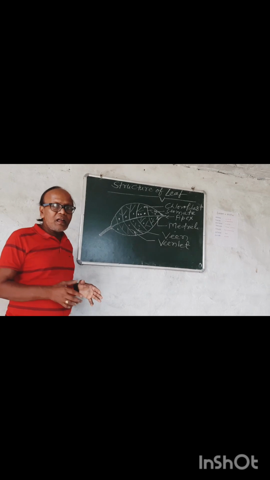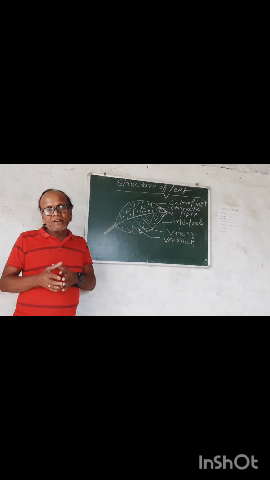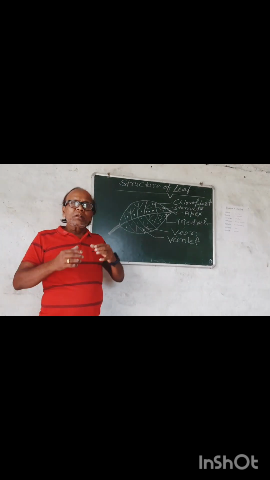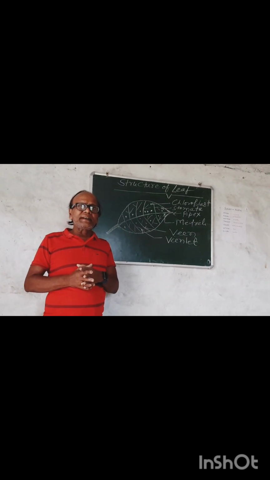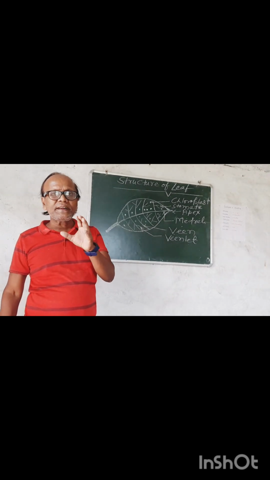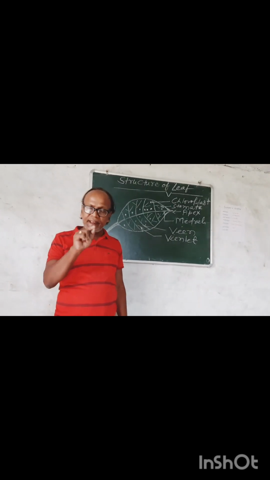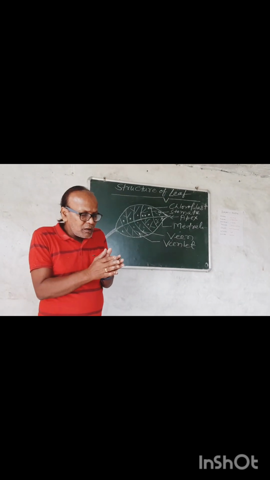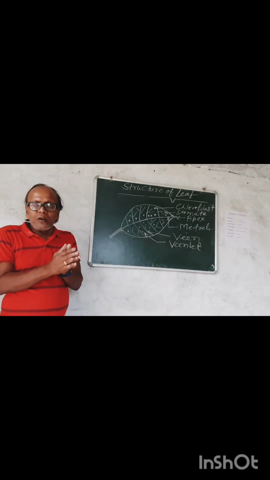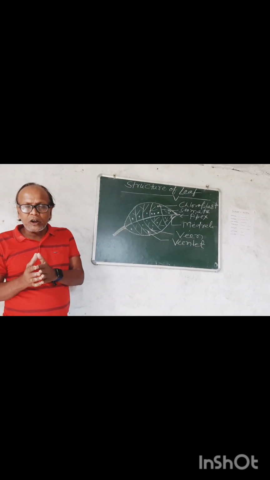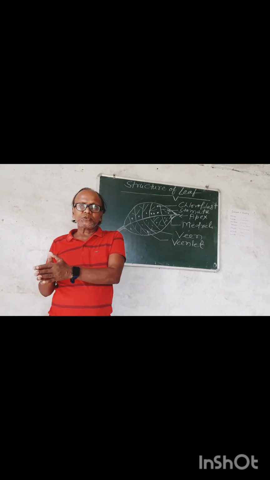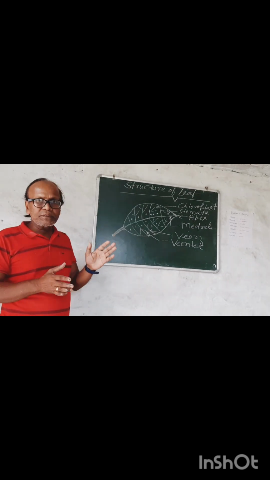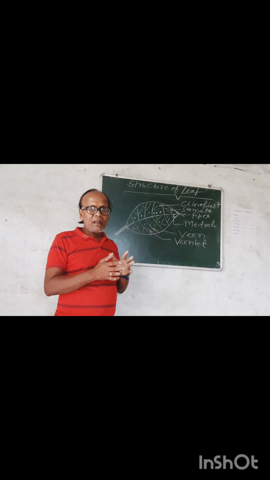Now, the question is, how does a leaf prepare food for plants? Hello students, you know that photosynthesis takes place only during the day, whenever sunlight is available. The roots of the plant absorb water and minerals from the soil, and carbon dioxide comes from the atmosphere through the stomata.